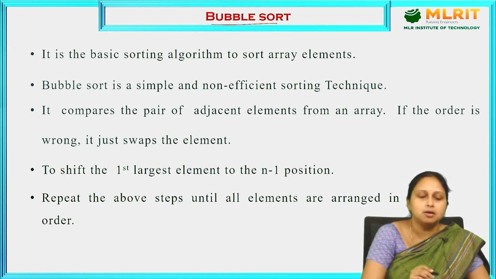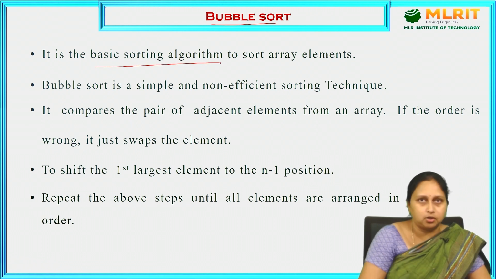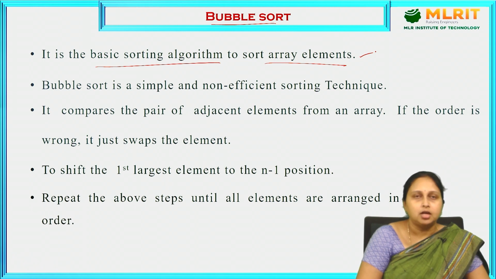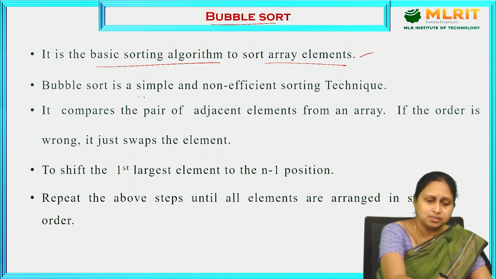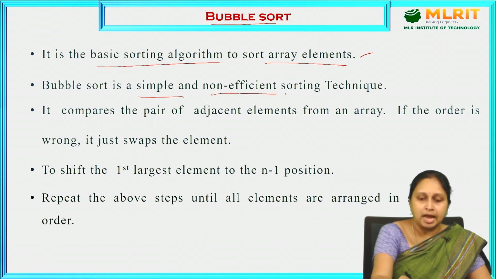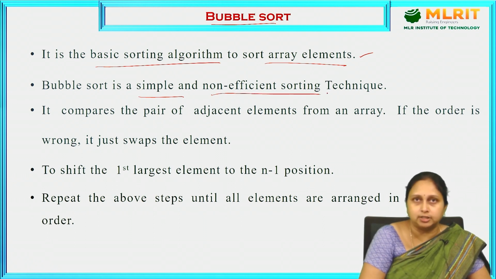Bubble sort is a basic sorting technique or algorithm to sort the array elements. Now, what is the logic or method we are going to use in bubble sort? That we will discuss now. Bubble sort is a simple and non-efficient sorting technique.